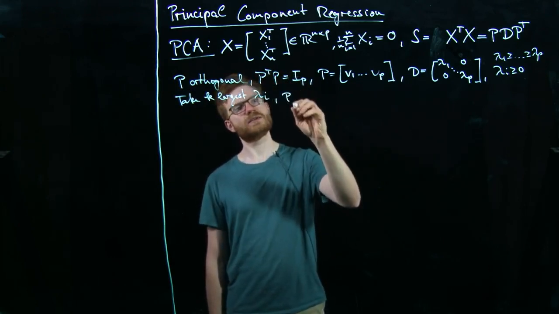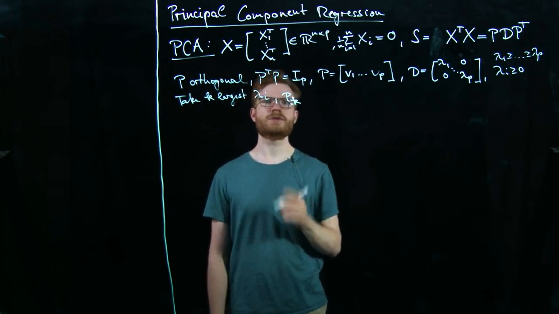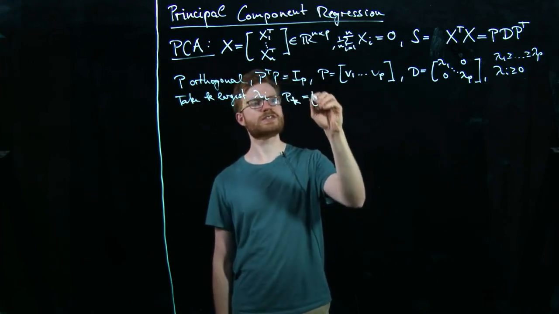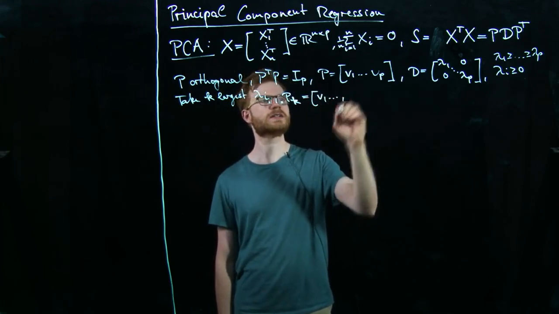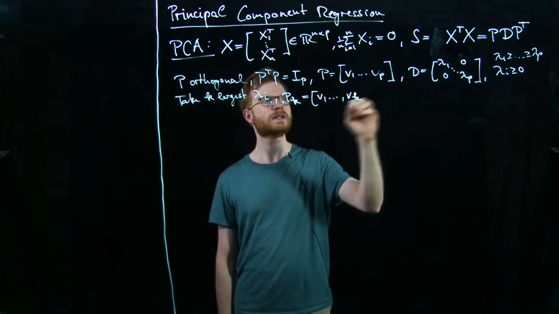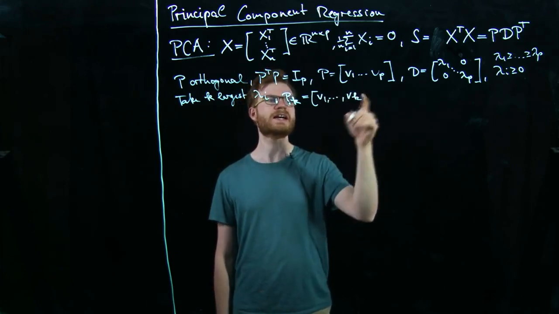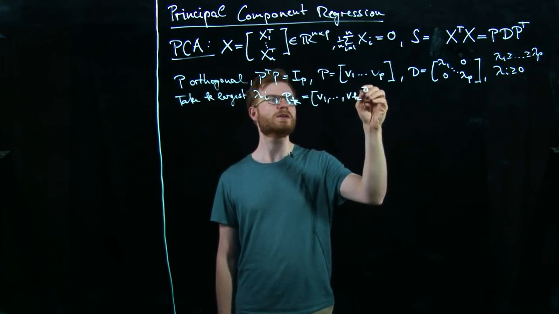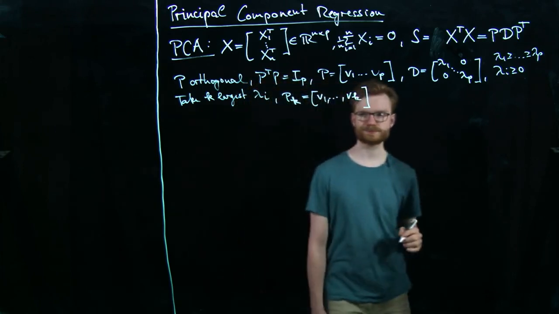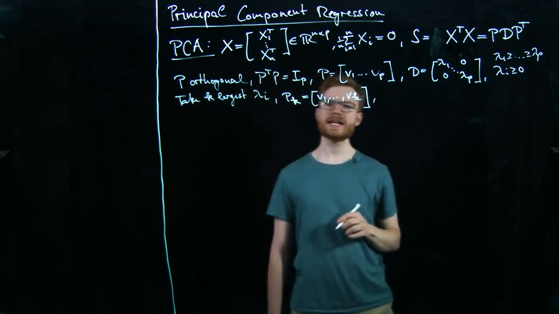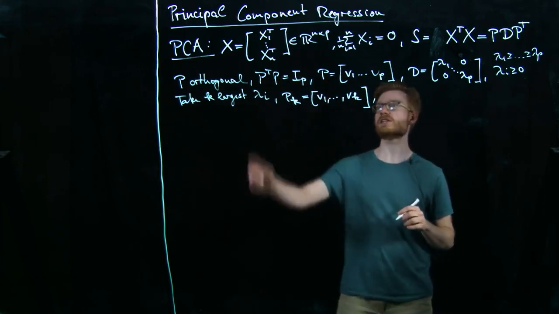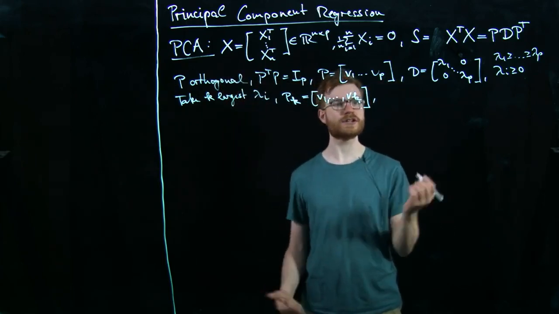That is, we introduce a reduced matrix, Pk, which just consists of the first k vectors of the original P. And then we can project our data down, because this X contains the data points transposed.